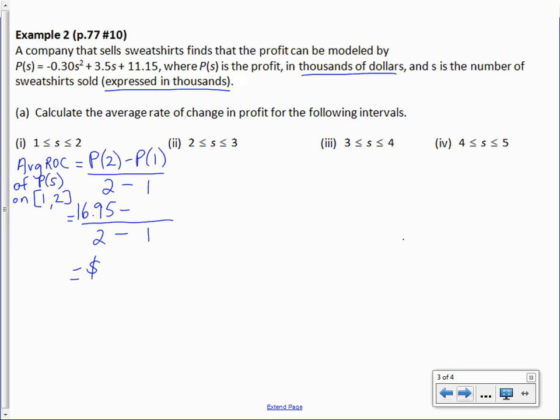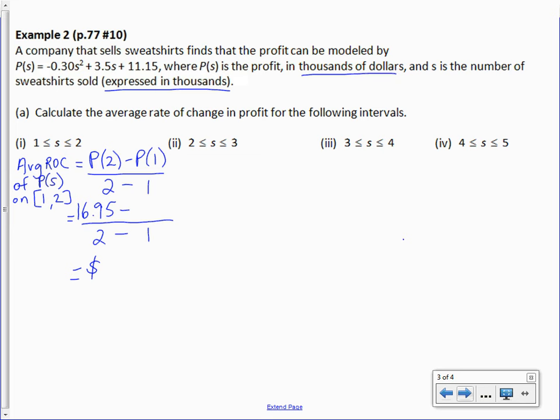On its own, that 16.95 means that when you sell 1,000 sweatshirts, your profit is $16,950. For one sweatshirt, it would be $16.95. Make sense? Because you're just removing 3 zeros from everything.